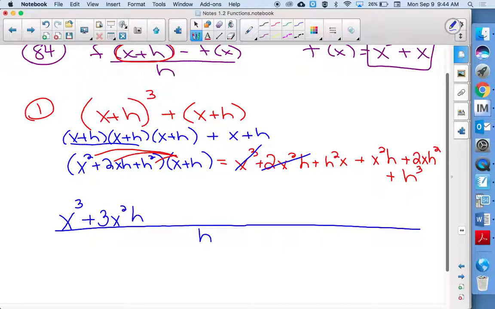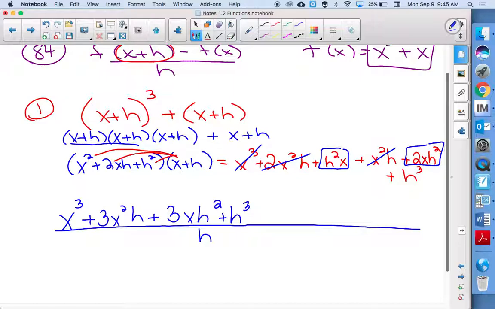So x squared h, x squared h, plus 2xh squared plus h squared x. If you have an h squared and an x, and there are two of them, we now have three of them. And then the last one here is the h cubed. So that's that x plus h cubed part.